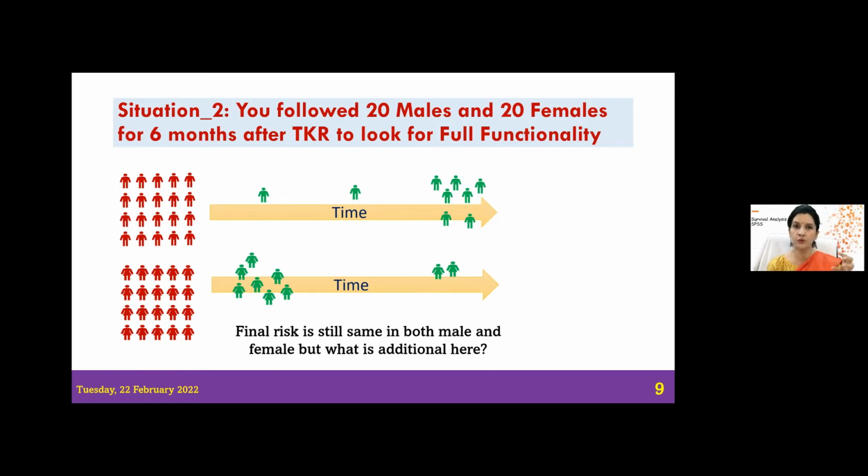So whenever you have this time factor associated with an event or outcome, that particular concept is known as time to event data. And if you see these two examples, then you can very well appreciate the difference between an overall risk after a few years and what additional information you get if you have the instantaneous rate of a particular event.